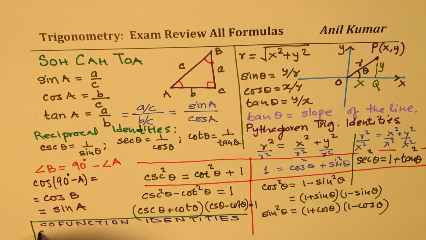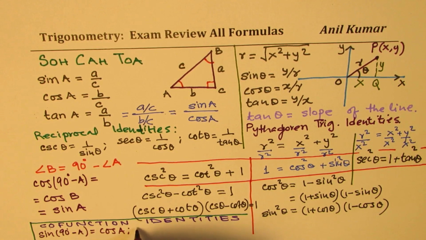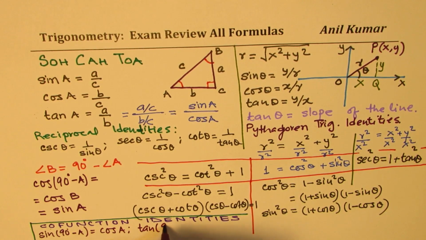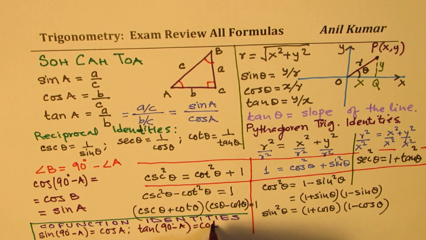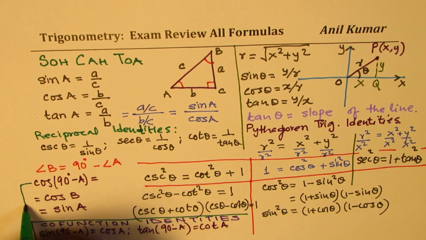We can write sine of 90 minus A, so this is all degrees, equals cos A. Tan of 90 minus A is equal to cotangent A. And cos of 90 minus A, we have already given you as sine A. Do you see that part?